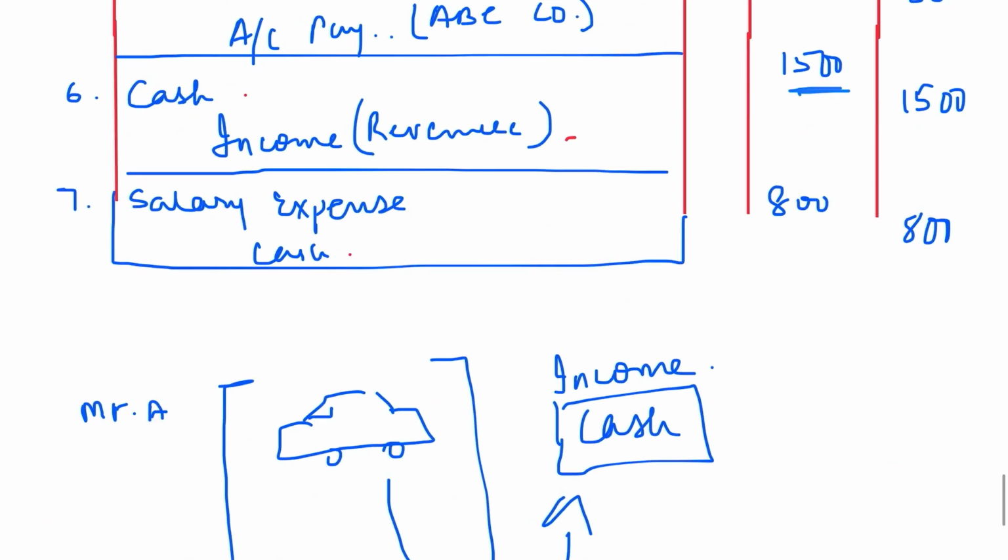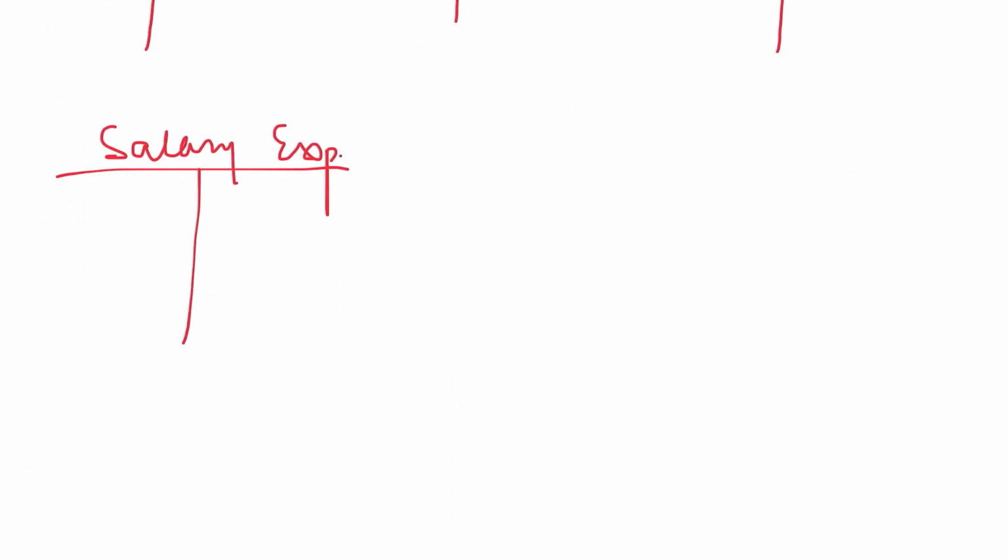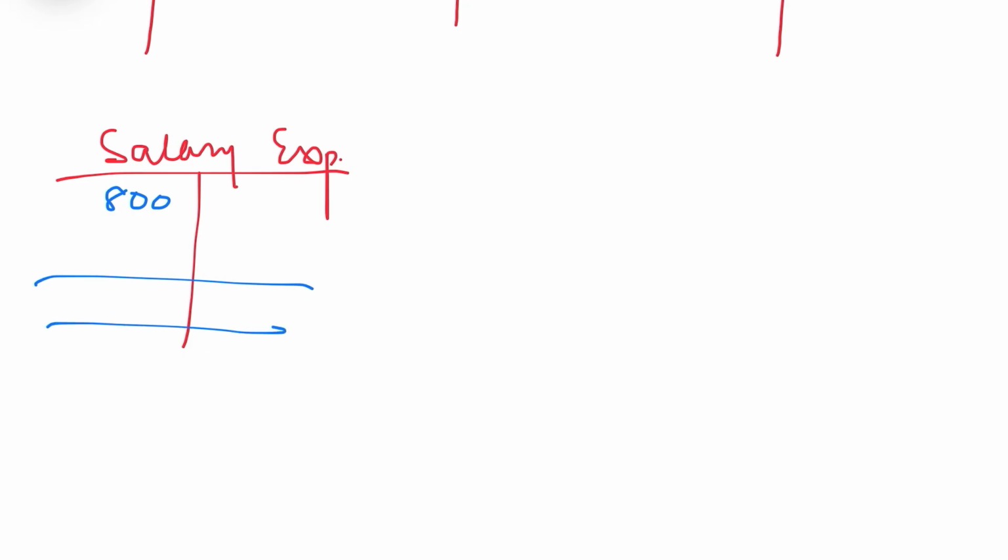And then we have salary expenses increasing, and it will be shown on the debit side, 800.